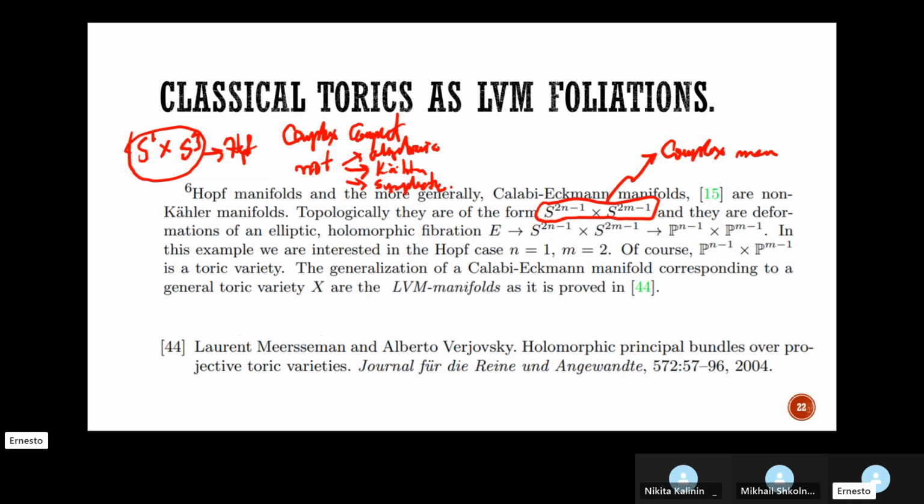And if they were Kähler, they would be symplectic. But then you would have a symplectic form, which wants to live inside H2, but this is 0. So there is no symplectic form for topological reasons. So they are not algebraic, Kähler, or symplectic.